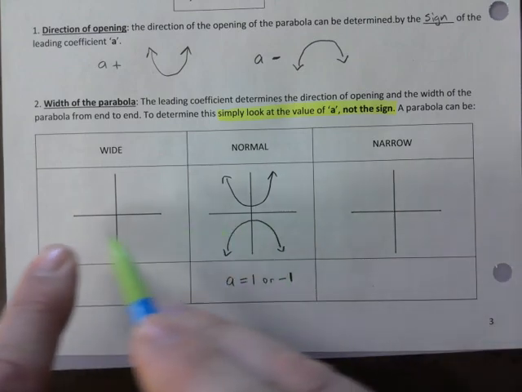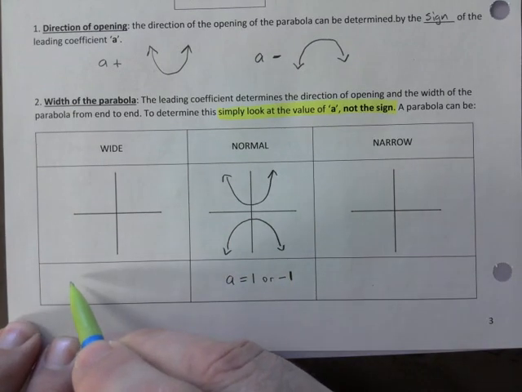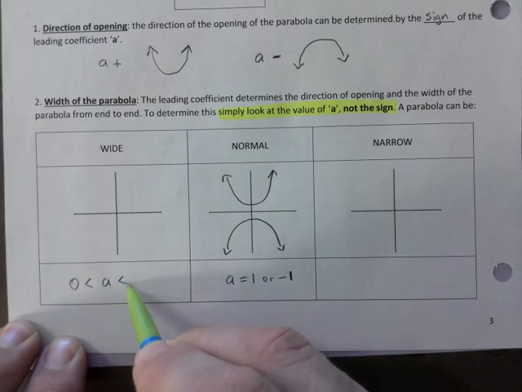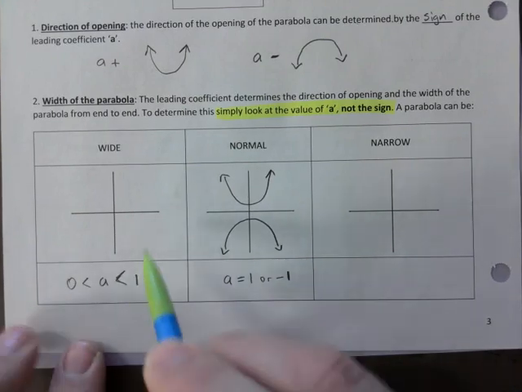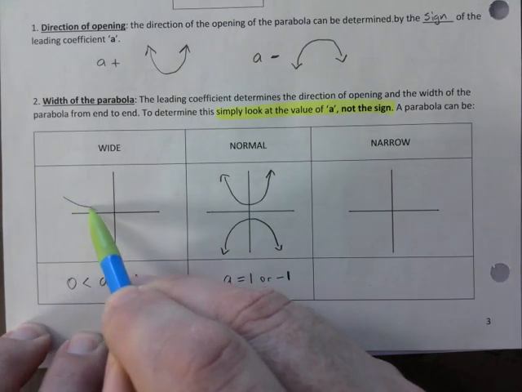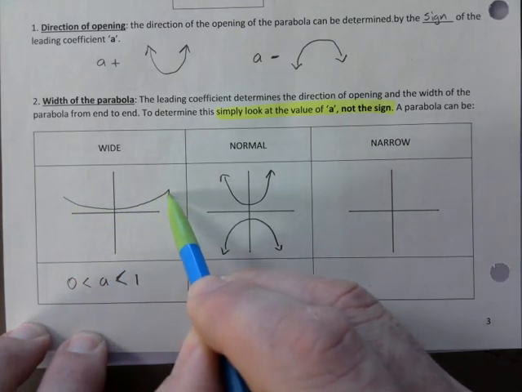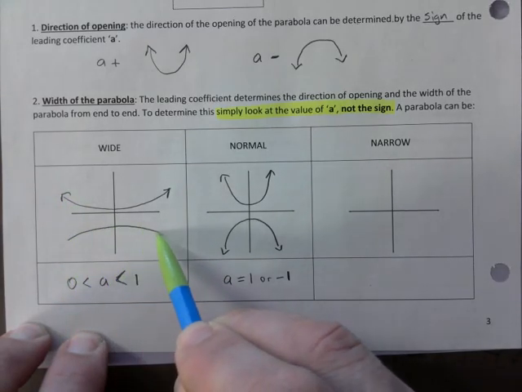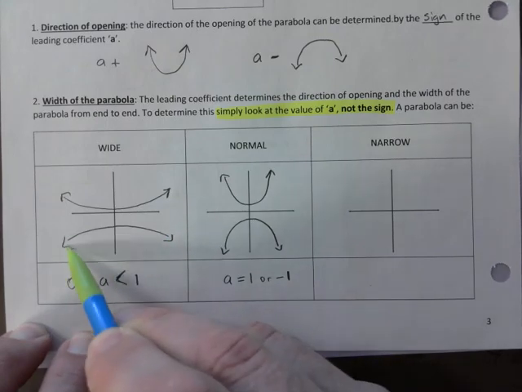Then you have a wider one. That's when A is between 0 and 1. Okay? A is between 0 and 1. So you have this, like, make it really wide. You're going to notice that the graph is going to do something like this. So it could be pointing up or down.